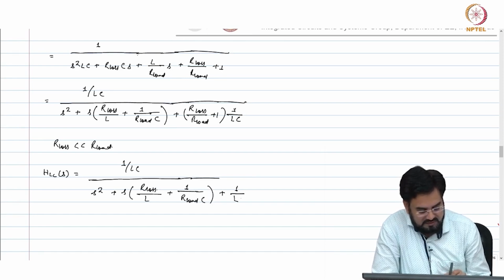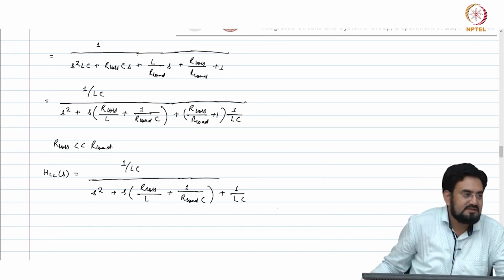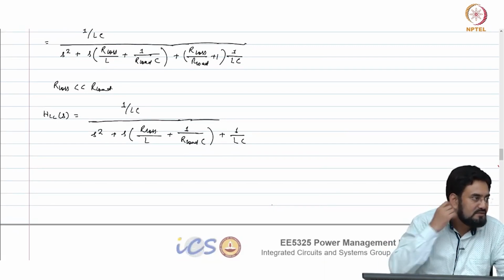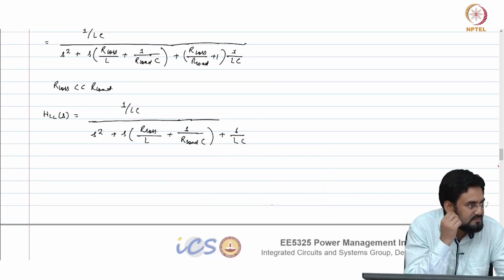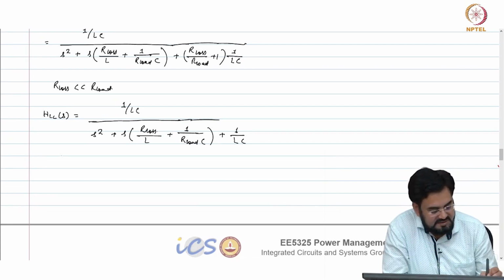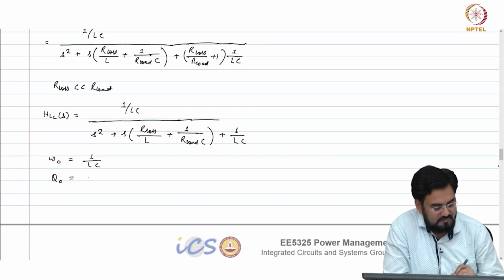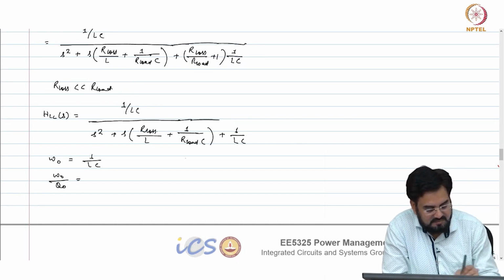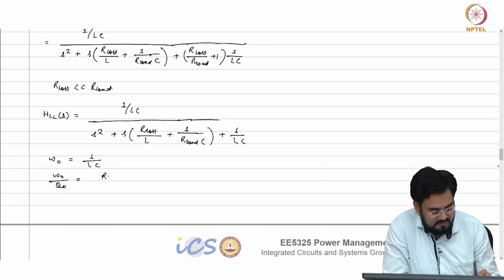This is your standard second order low pass filter, correct? So what is the Q? What is the omega naught? Resonance frequency, 1 over square root of LC. What is Q? Omega naught over Q naught is this term, R loss over L plus 1 over R load C.